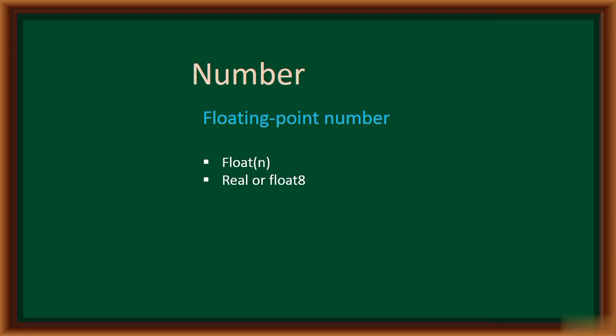The float can also have up to a maximum of 8 bytes, but it must have at least an n value. Then we have the numeric or numeric(p,s). This is a real number with p digits and s numbers, which are precision numbers. So we have the p digits with s numbers after the decimal point.